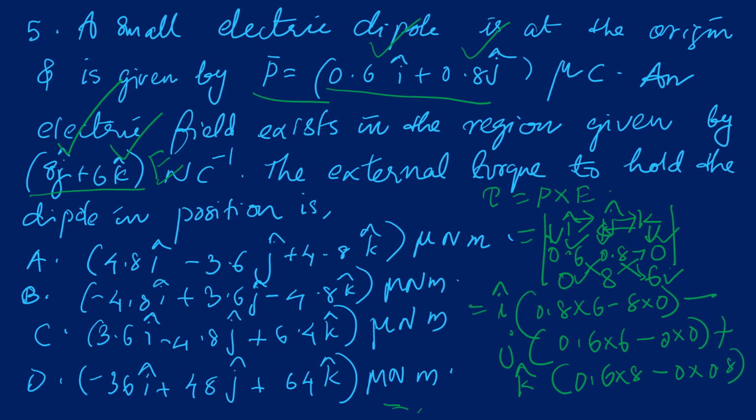So you will get i into 0.8 into 6, that is 4.8. This will become 0, minus j into 0.6 into 6, 3.6. This will become 0, plus k into 0.6 into 8, that is 4.8. This will become 0. So the correct option is option A, that is 4.8 i minus 3.6 j plus 4.8 k.